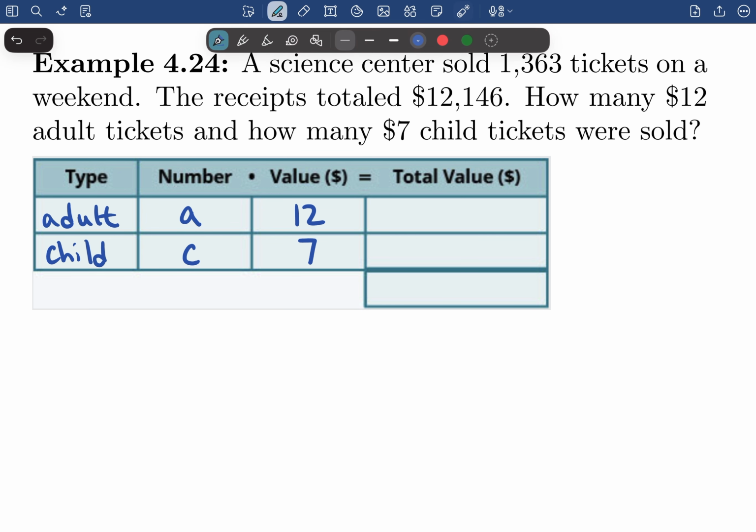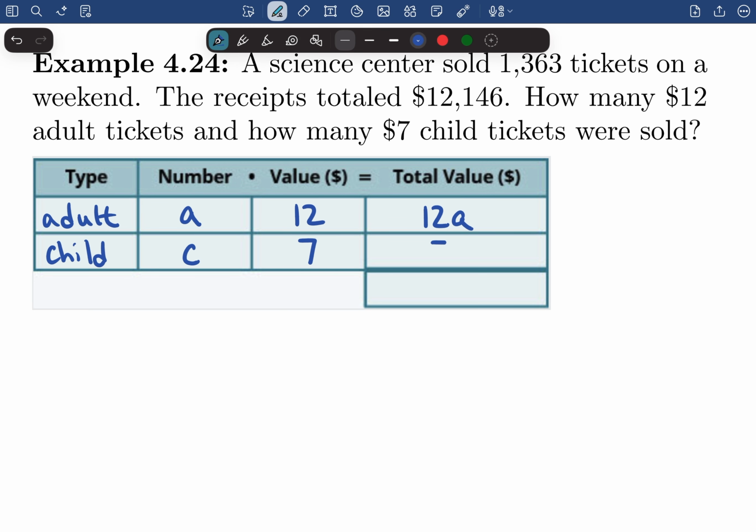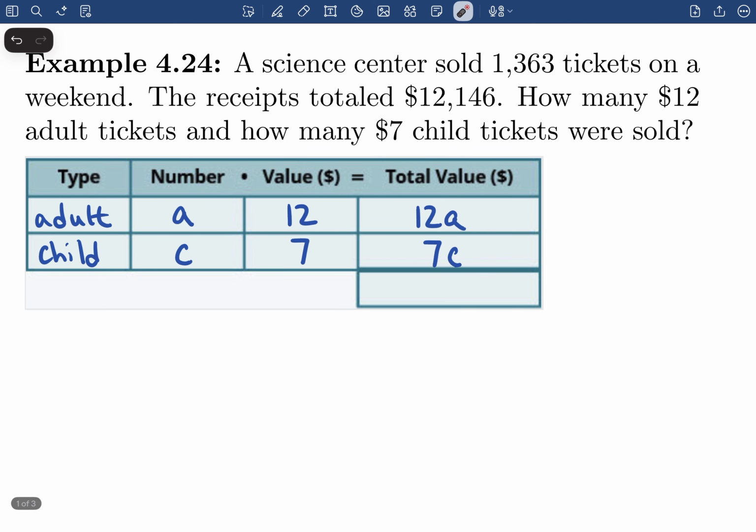So the total value for adult tickets will be 12 times A, and the total value for child tickets will be 7 times C. And I do know that the total ticket receipts was $12,146, and also that there were 1,363 tickets sold.